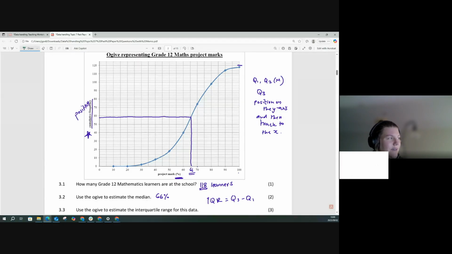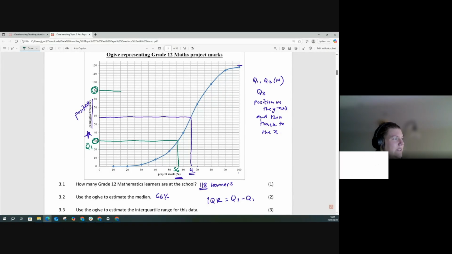So the position of my quartile 1, I think when you work it on the calculator, you get like 29 and a half. So I'm going to go with around 30, and then I'm going to go with around 90 as my estimate. So I'm going to go here for quartile 1 and zoom down. And that gives me about 56, let's say.